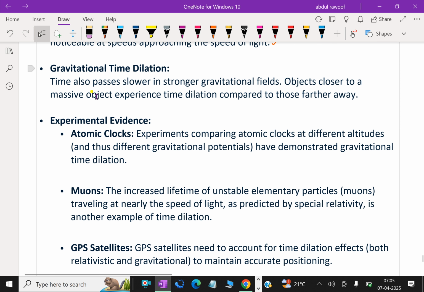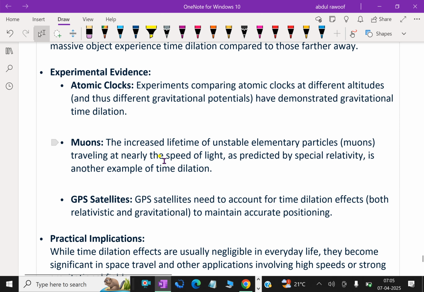That means if, suppose, our Earth's gravity is increased, then our time will be slower. Objects closer to a massive object experience time dilation compared to those farther away.